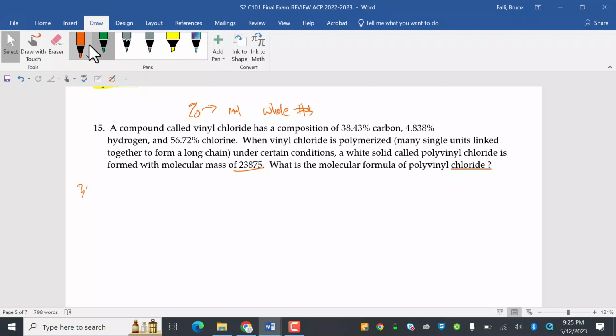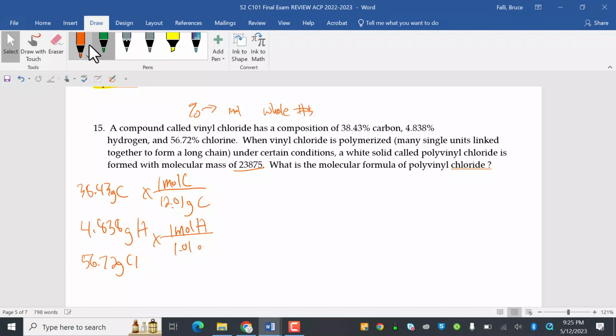So I'm going to have 38.43 grams of carbon, 4.838 grams of hydrogen, and 56.72 grams of chlorine. I'm going to convert that into moles. Go to the periodic table and get out my calculator.